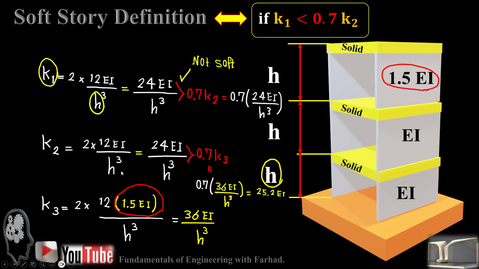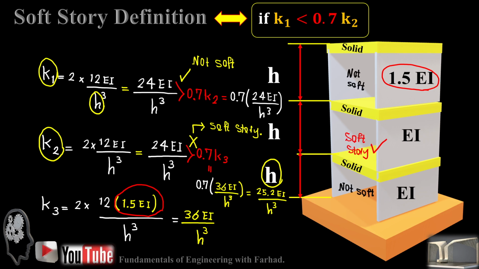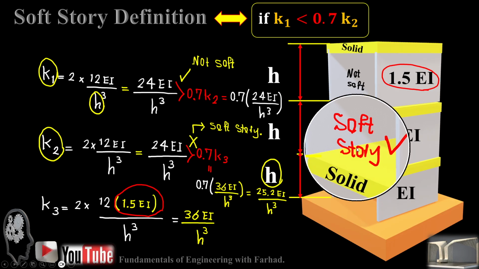Let's check the second story: 24EI over H cubed, is it larger than 0.7 times K3, which is 36EI over H cubed? That makes 25.2EI over H cubed, and you can easily see 24 is less than that, so that's a soft story. The third story is not soft because there is no story above it. So the second, middle one is a soft story based on our calculation.